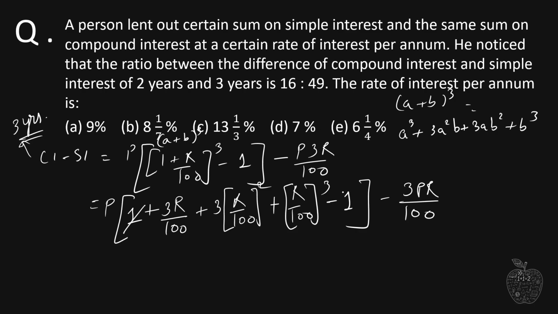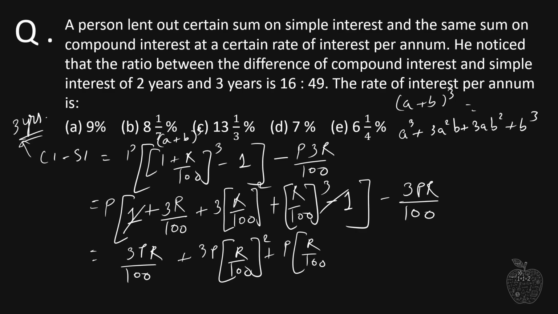So plus 1 minus 1 gets cancelled, so let's multiply P, so we get 3PR over 100 plus 3P(R over 100) square plus P(R over 100) cube minus 3PR over 100. So plus 3PR over 100 minus 3PR over 100 gets cancelled.